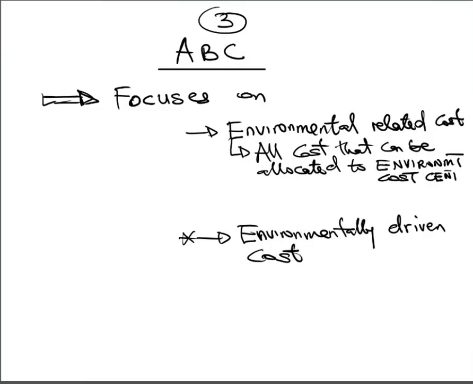You're not really interested in whether it's being driven by environment or not. Once you think this particular cost relates to environment, it goes to that. And what kind of cost would that be? What kind of cost do you think you will incur and you will have to post to environment cost center?